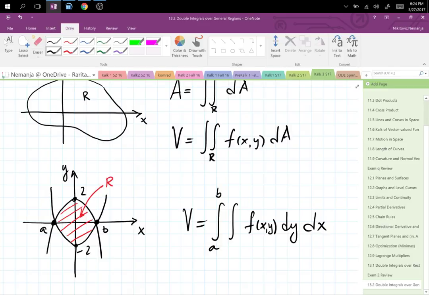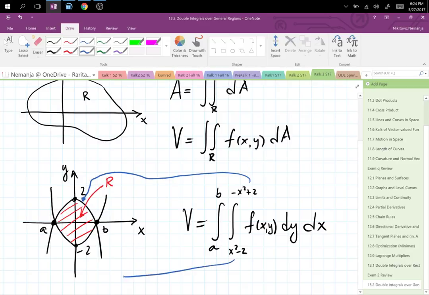Now, what are these? The one on the bottom is x squared minus 2, and the one on the top is negative x squared plus 2. So these are our two limits, from bottom to the top.